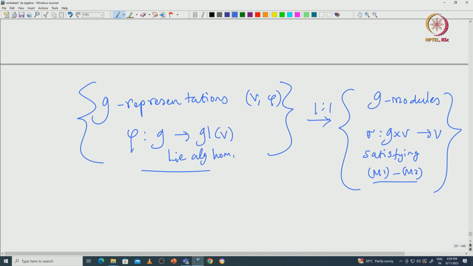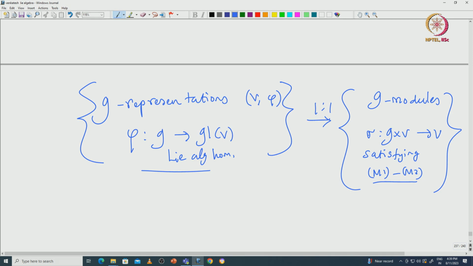Because of this dictionary between G representations and G modules, we use modules and representations more or less synonymously. So, we sometimes say sub representation, sub module, all these are synonyms. Okay. So, they can be interchanged, not a problem.